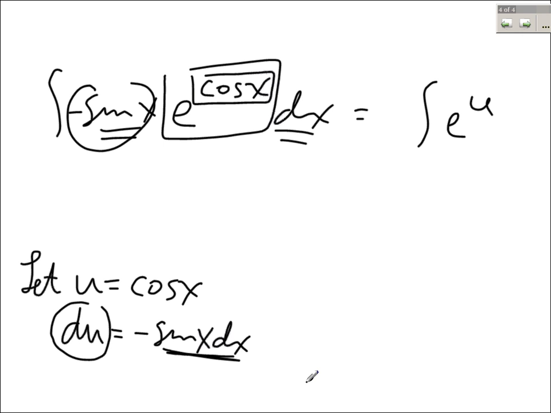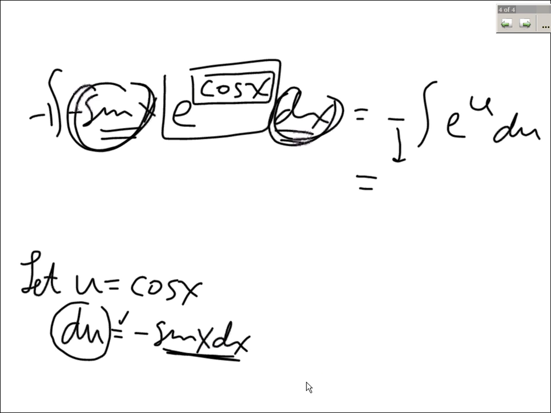Now, this times this, that's du. If I put a minus inside, I have to put a minus outside. These minus signs are really negative ones: negative 1 times sine x dx. Okay, and like I said, this times this, that's du.